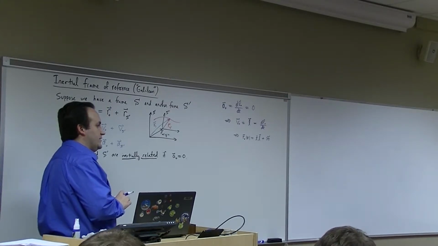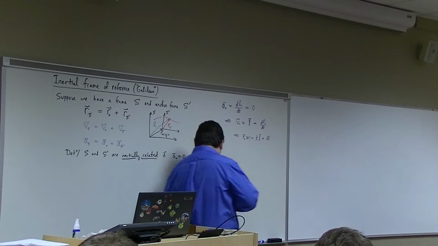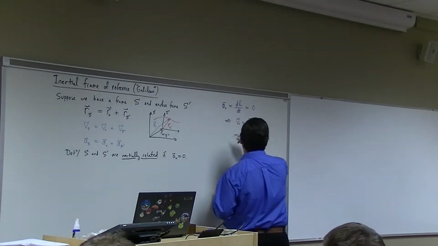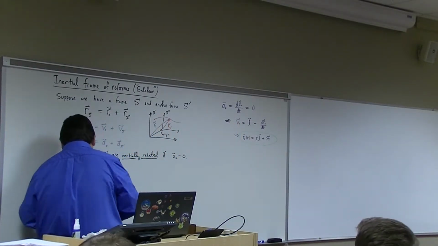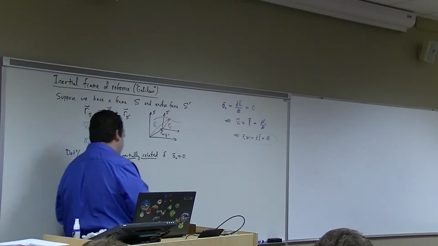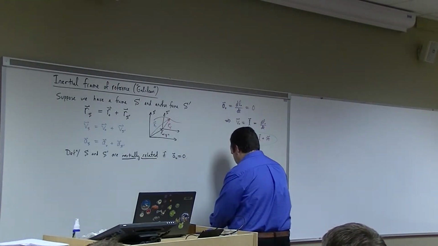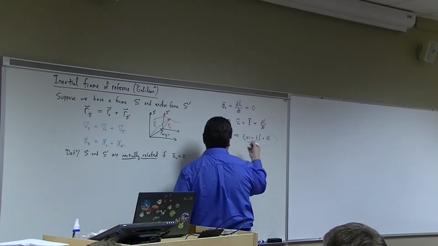So what is this? Can you tell me what this means? How are S and S prime related then? This tells me how the given inertial frame and the inertially related S prime frame are related. How are they related? Linearly. Linearly? Okay, but can you tell me in terms of old-fashioned language?